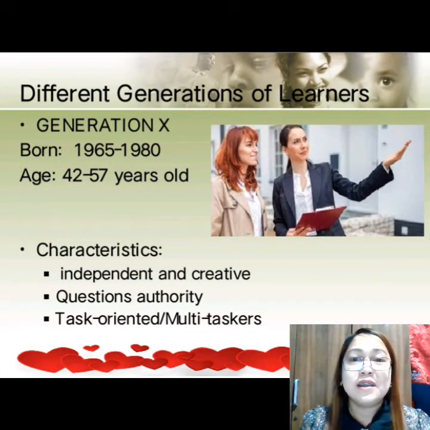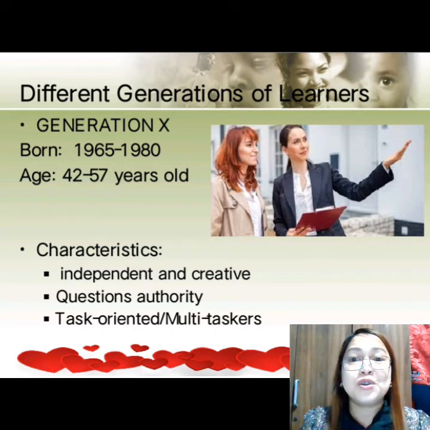Following this is Generation X, which includes those individuals born between 1965 and 1982, and now ages from 42 to 58 years old. Gen X students are said to be laid back and slackers. These individuals expect freedom and balance in their personal and workplace lives.